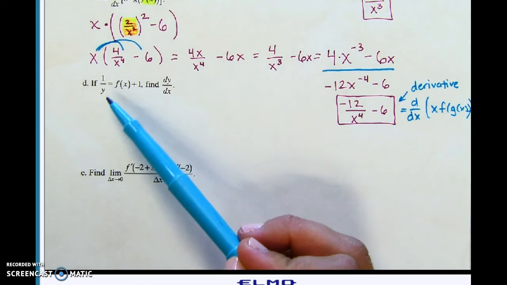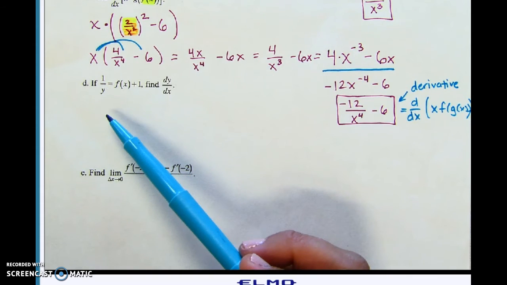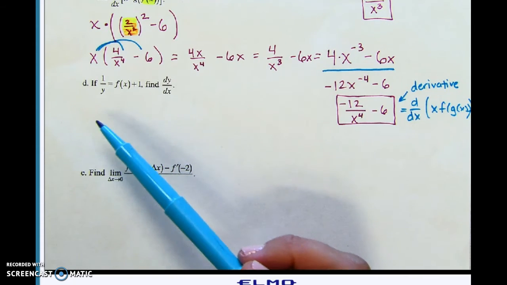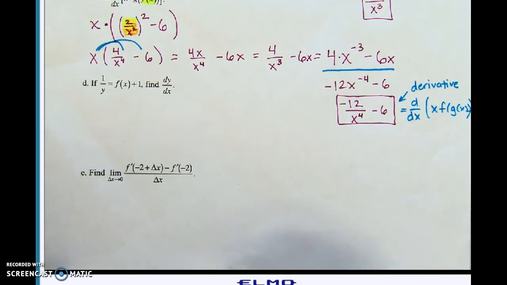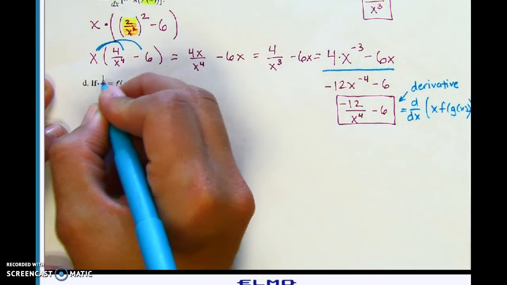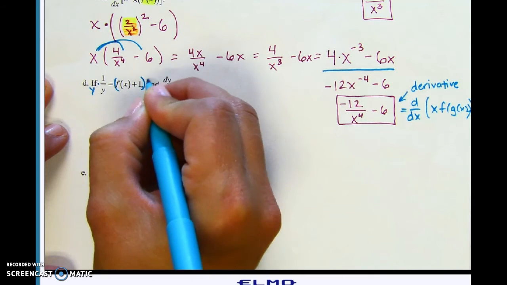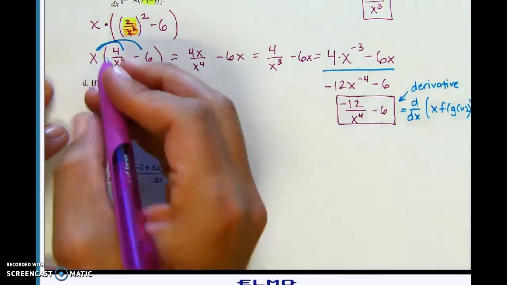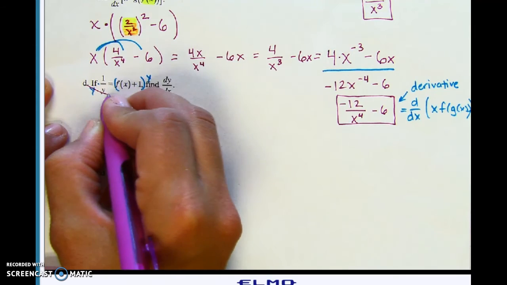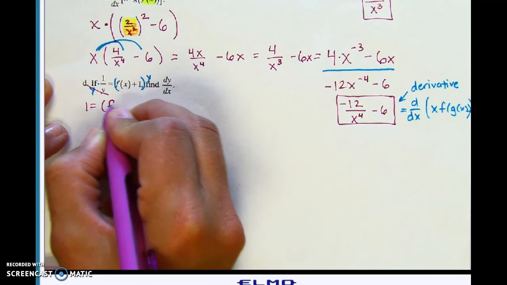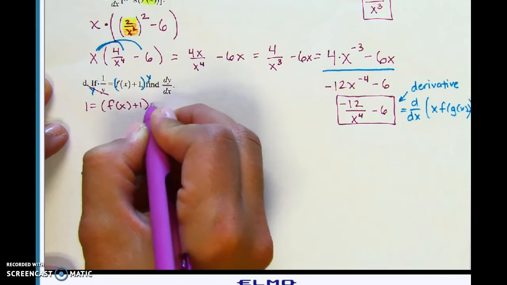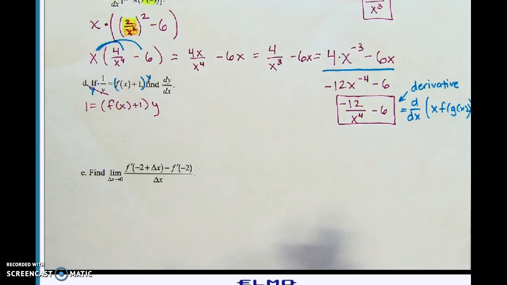So this is 1 over y. Y is trapped in the denominator. How do we get it out of the denominator? Multiply by y on both sides? Okay. Now y is up top. This y cancels. 1 equals f of x plus 1 times y, but it's not by itself. So what should we do?